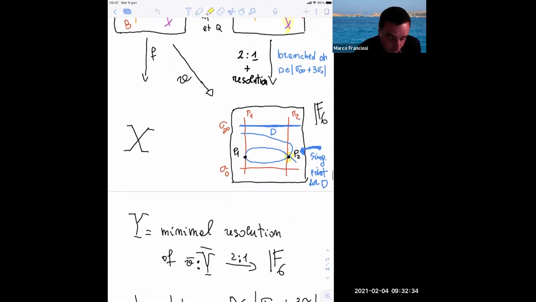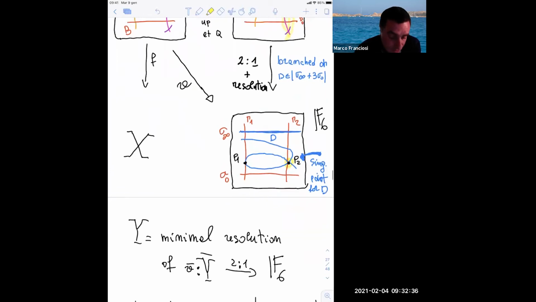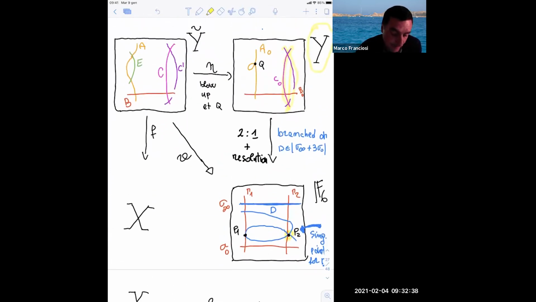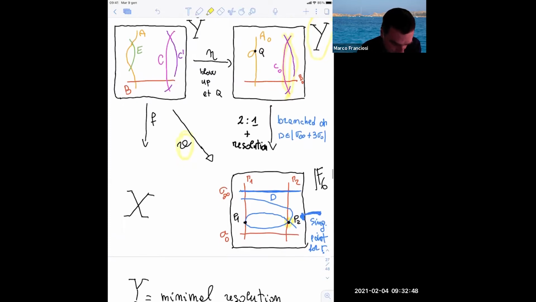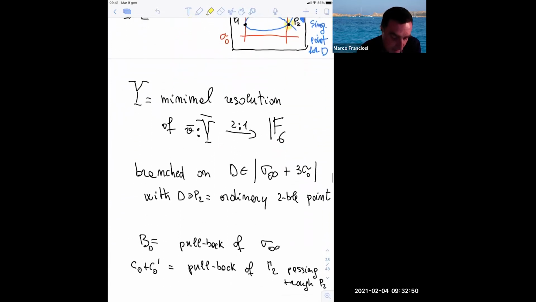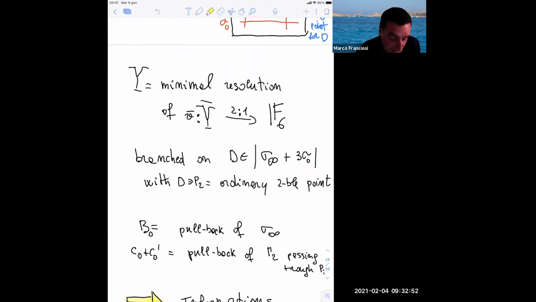And so to study X and Y, it's useful to consider this map. So on Y tilde, the composition, we have this map theta. So we have Y, the minimal resolution of Y bar, which maps to F6, which is simply the double cover of F6 branched over this curve D in sigma infinity plus 3 sigma 0 with an ordinary double point.